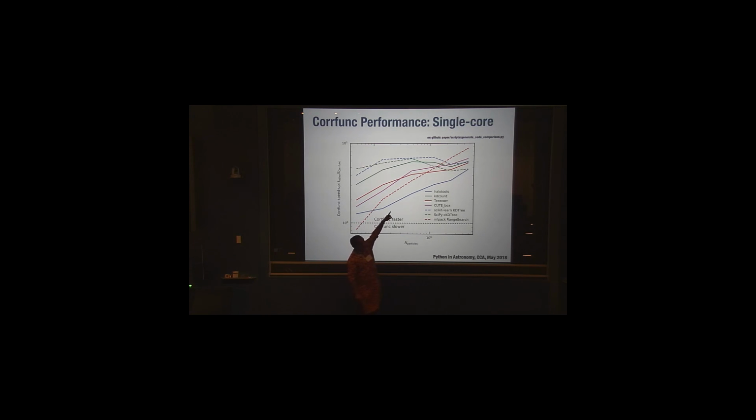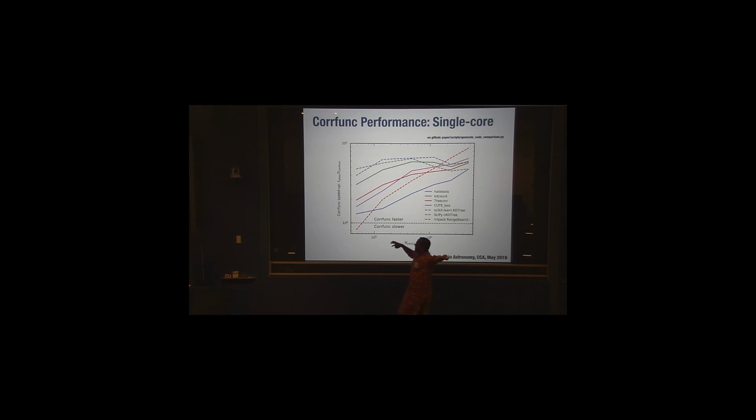So now this is the actual CoreFunc stuff. The scripting is all on GitHub. The x-axis is the number of particles. This is an autocorrelation, so the first data set is the same as the second data set. It's easy to compare against the other codes. So what we did was disable optimizations in CoreFunc so that it did exactly what the other code does.